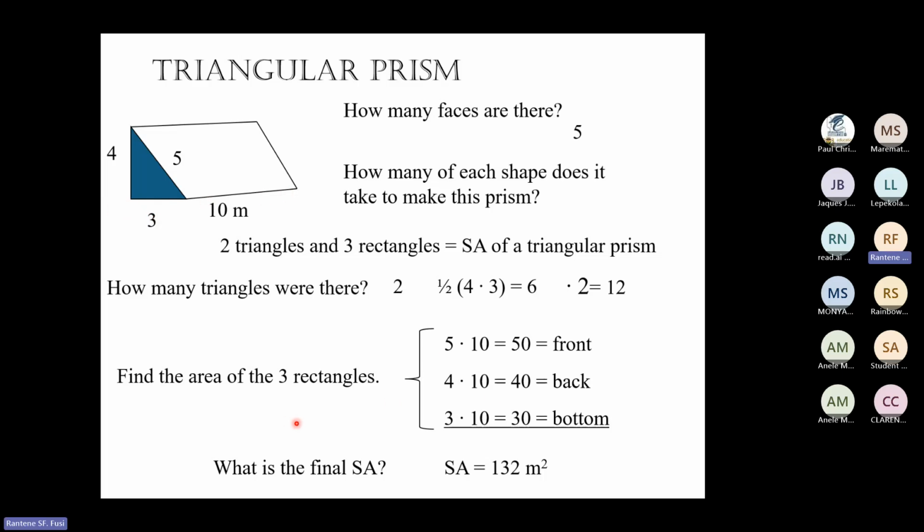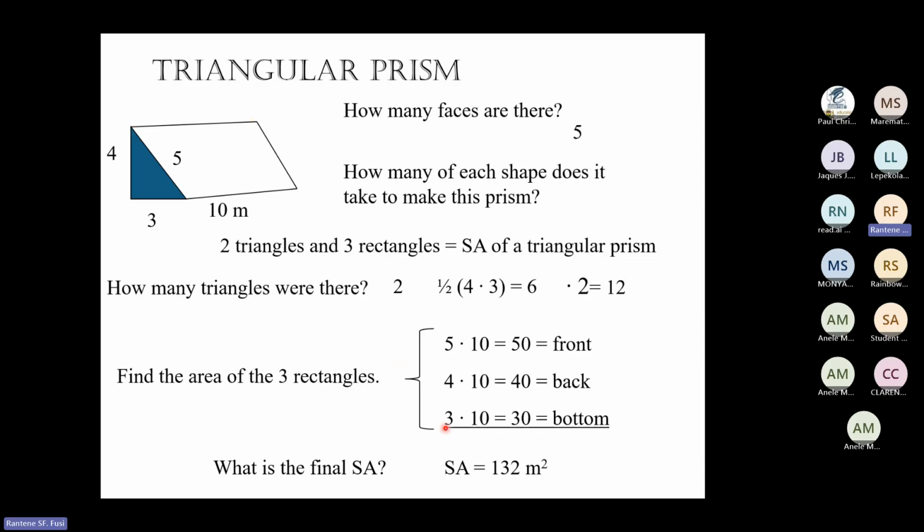So as you can see here, we've got an area with length 5 multiplied by 10, which is 50. The front one that you can see here. Then we've got 4 multiplied by 10 equals 40. That back part that I was just showing you. Then we've got the bottom one where this base lies. It is 3 multiplied by 10 to give you 30.